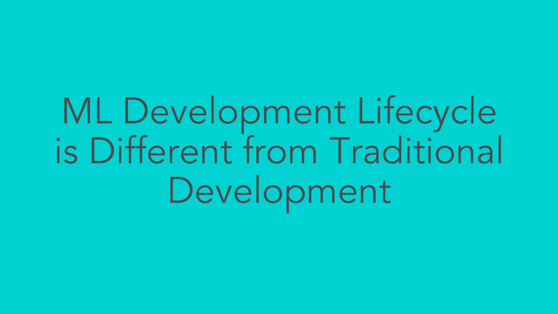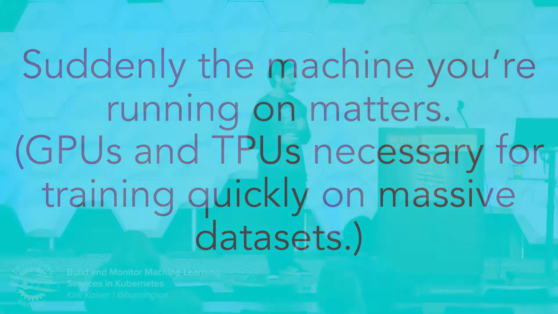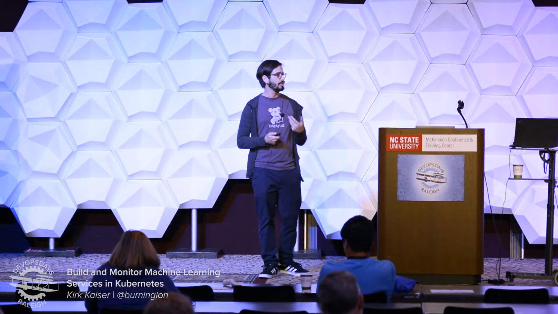And so with all that, the machine learning development lifecycle is different from a traditional development lifecycle. Suddenly, the machine you're running on matters because you've got to use acceleration for your computation. So generally, that takes the form of GPUs or TPUs to train on these massive data sets.